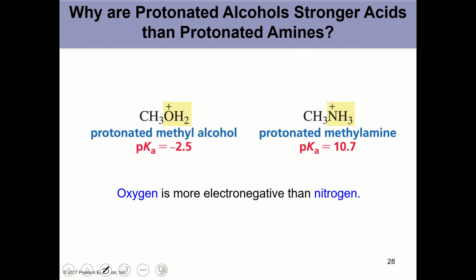But needless to say, they have the same basic difference because they each have one extra proton, not 2 or 3 extra protons. So a protonated alcohol is more electronegative than an amine. And that is why the pKa is lower than that of a protonated amine.